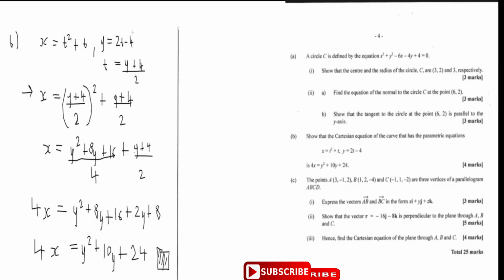So we have it that vector AB is OB minus OA. All right, vector AB is OB minus OA.